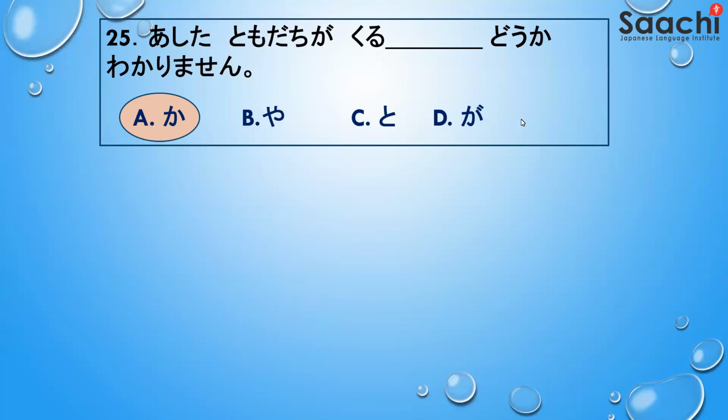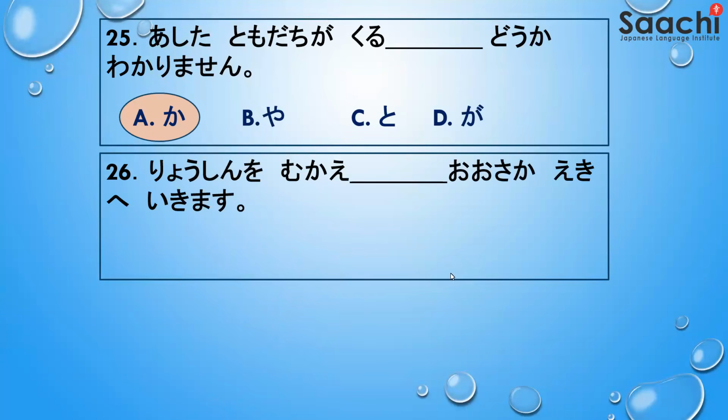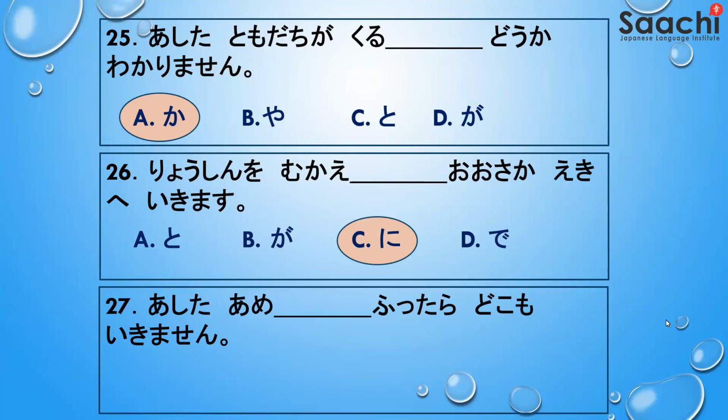I'm not sure whether my friend will come or not tomorrow. 両親の迎え、大阪駅へ行きます。Answer is 迎えに。To greet, to receive. My parents, I'm going to Osaka station.